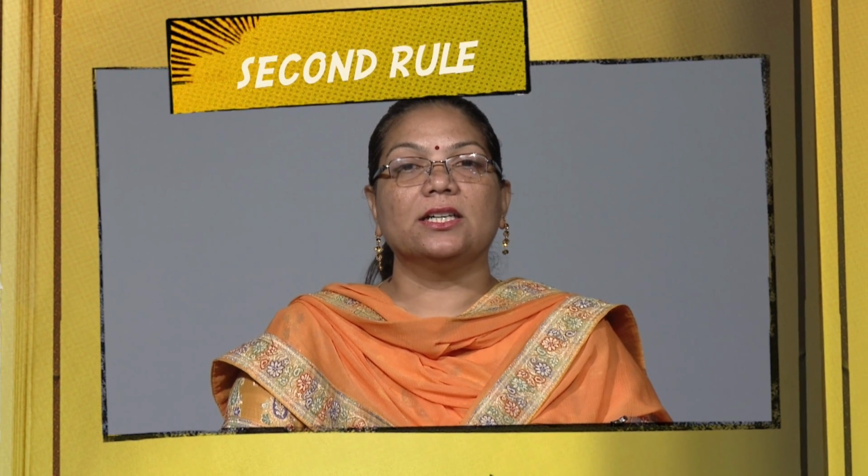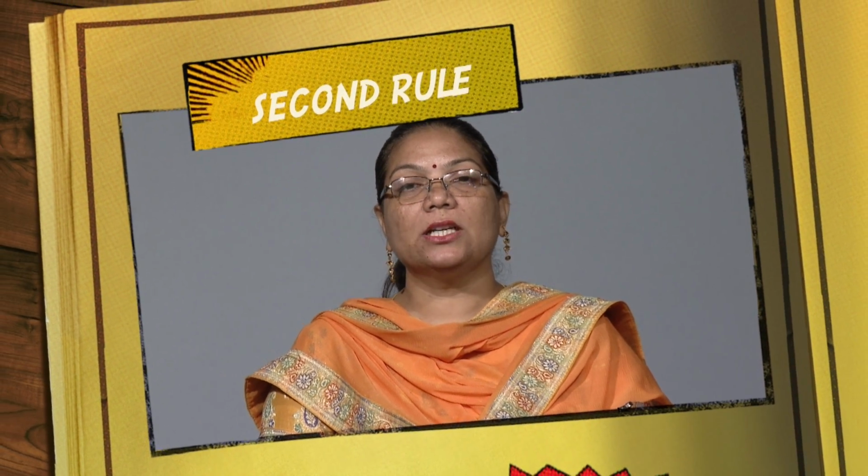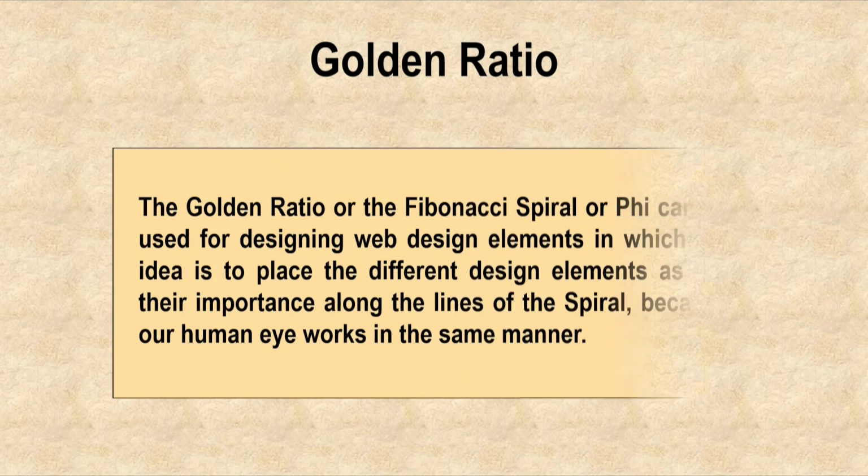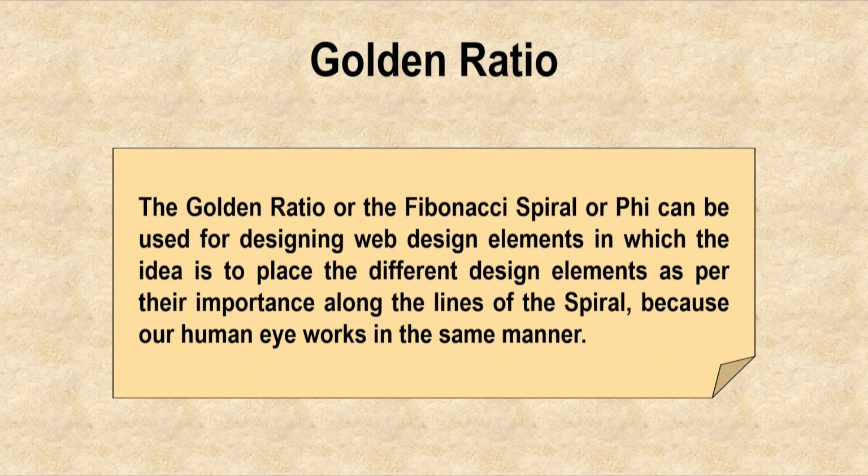The next image composition rule is the golden ratio. Golden ratio, sometimes also called the Fibonacci spiral or phi, can be used for designing web design elements, in which the idea is to place the various design elements as per their importance along the lines of the spiral, because our human eye also works in a similar manner.